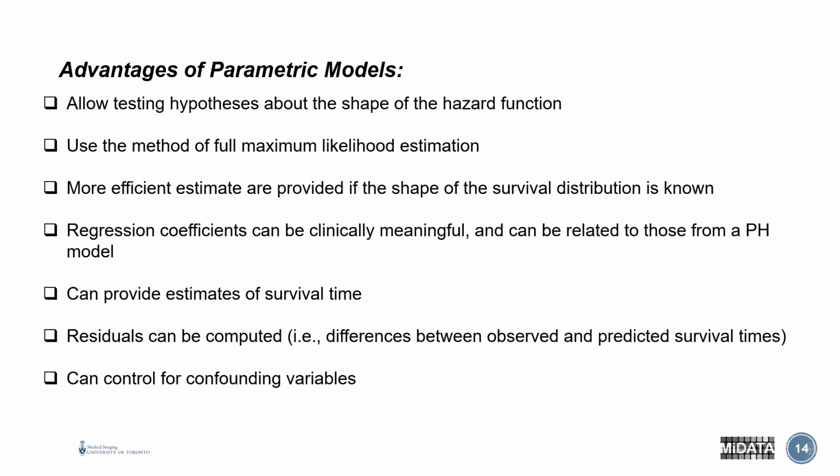Regression coefficients can be clinically meaningful and can be related to those from a Cox proportional hazards model, and we'll talk a little bit about that later on in the course, which is a method that's often used in medicine for survival analysis. Now, of course, it may sound silly, but parametric modeling actually can provide you with estimates of survival time. So if you are interested in actually obtaining an estimate of time, then parametric modeling is what you need to do.